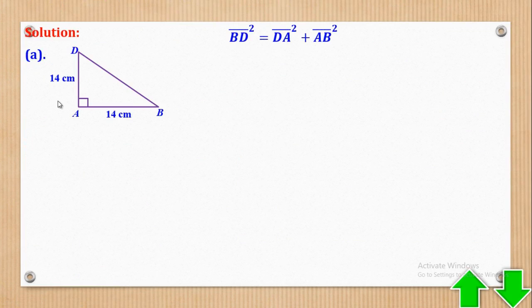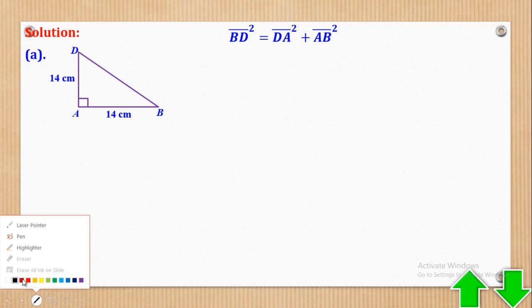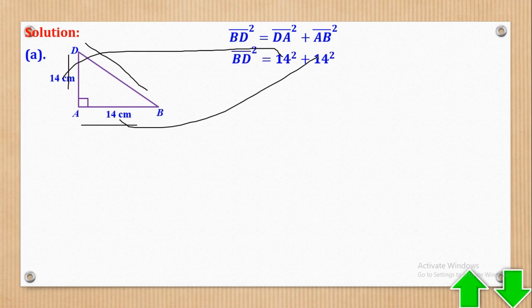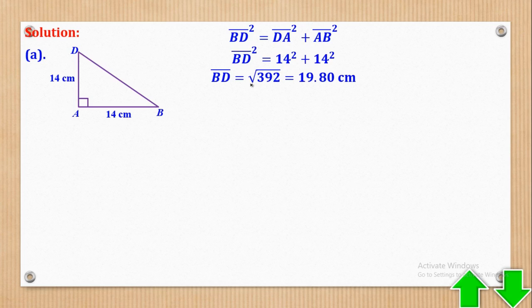So you come and say that by Pythagoras theorem, BD squared is equal to DA squared plus AB squared. So when I substitute, this is 14 and this is also 14 squared. So 14 squared plus 14 squared, I'll come up with 392. So when I put square root on both sides, I'll come up with BD being equal to 19.80 centimeters.